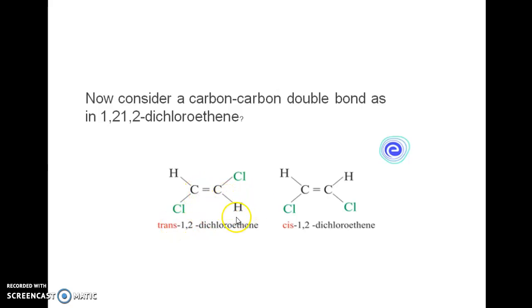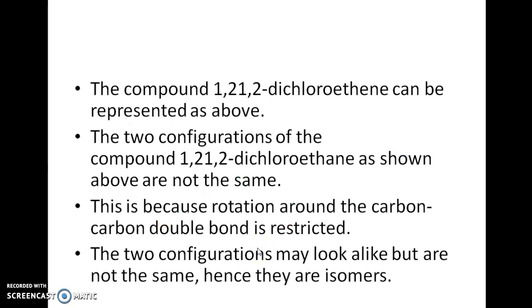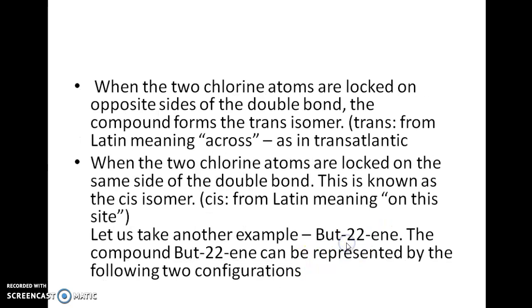The compound 1,2-dichloroethene can be represented by two configurations. The two configurations are not the same, because the rotation around the carbon-carbon double bond is restricted. They may look alike, but they are not the same. Hence they are isomers.